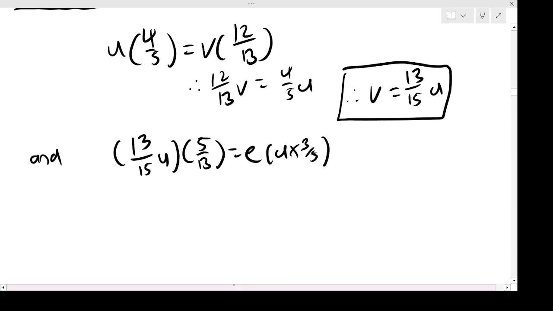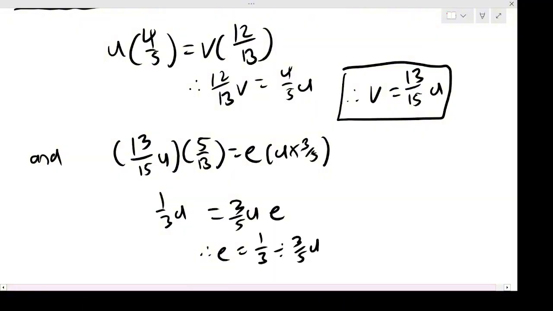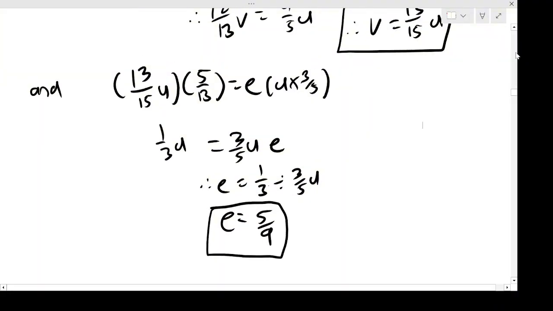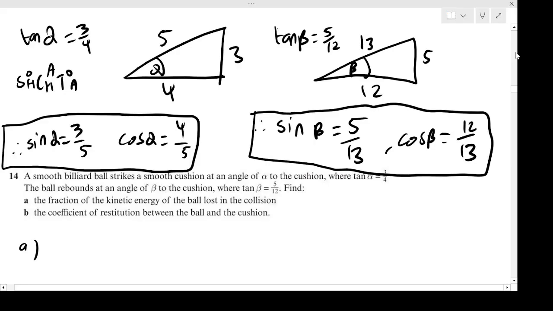If we simplify all of this, firstly 13/15 u times 5/13 gets me a third u. That's going to equal 3/5 u lots of e. Therefore e, if I divide by 3/5 u, works out to be 5/9, and there we are. That's e there. And we've actually done part B before part A here.